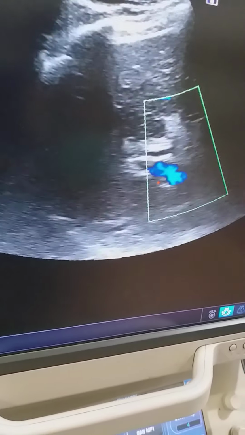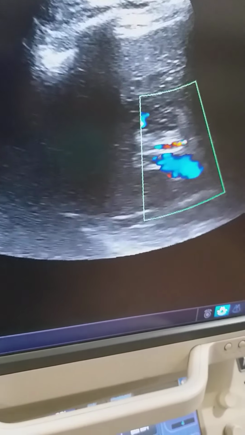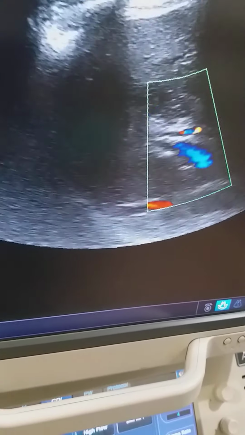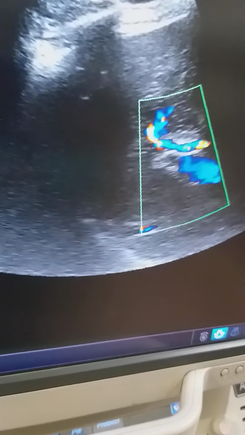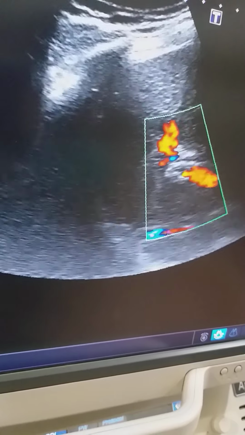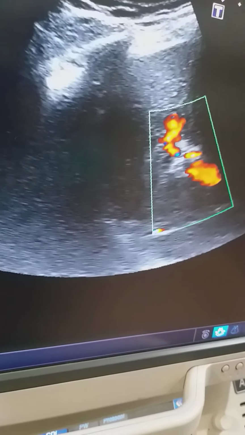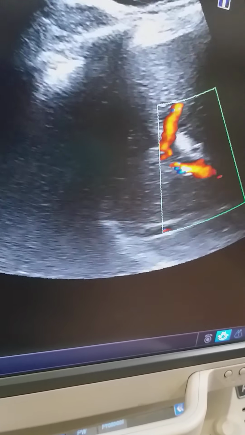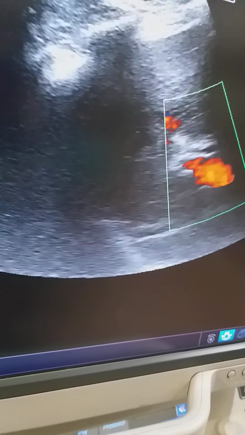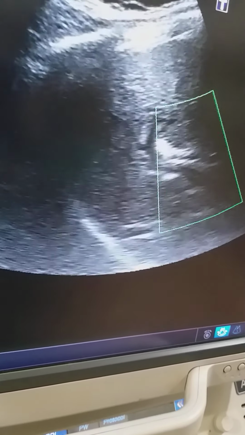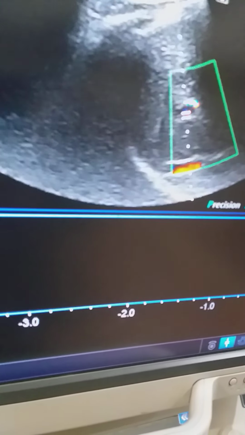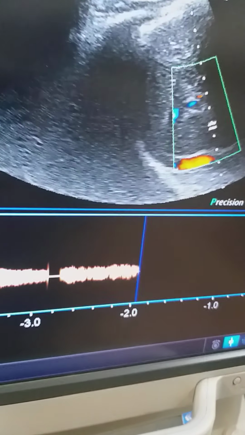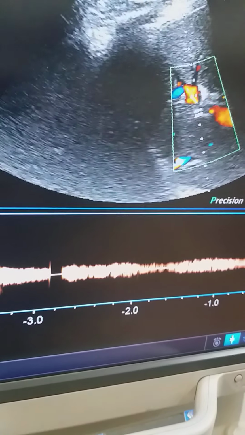This is the portal vein. Here we can see that the portal vein is showing the blood flow. We take the measurement of the velocity.